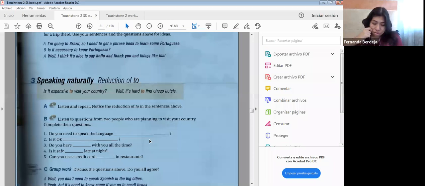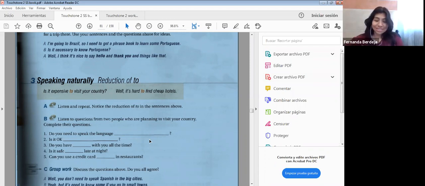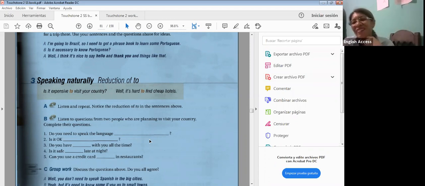Flashlight, towel, batteries, pajamas, shampoo, soap, sandals, sleeping bag, makeup, insect repellent, brush, toothbrush, and pen. 13? Yes. Okay, so the winner is Patty. Excellent, Patty. You have 15, so the rest of you 13.